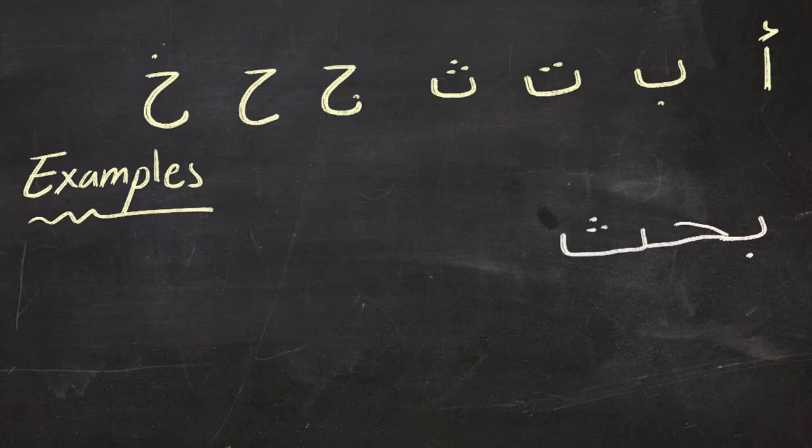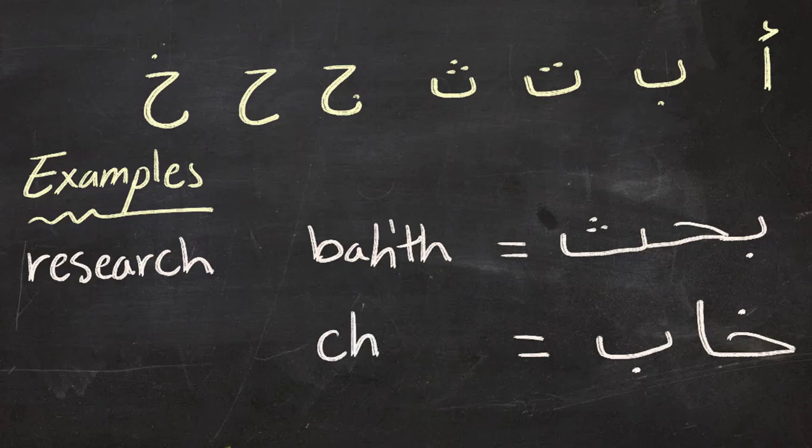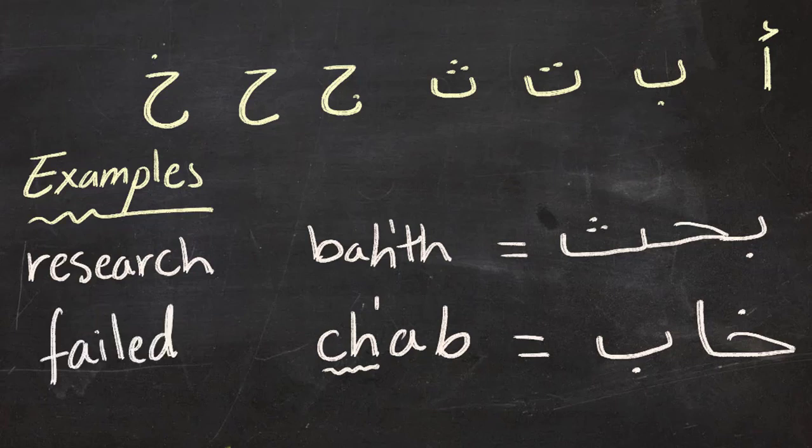The next example is Bahth. Bahth means research. Next is Khab. Khab, remember the CH of the Scottish language, and Khab means failed.